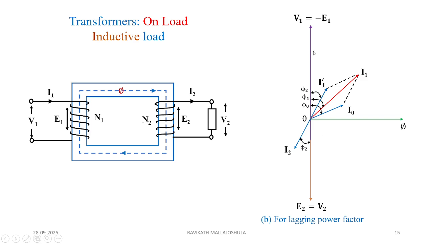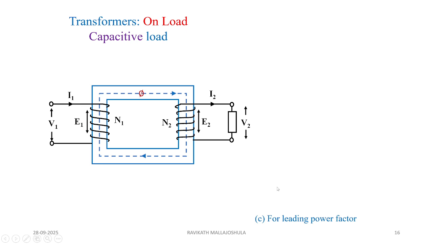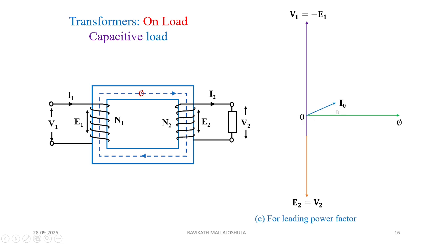So you can see in the resistive load under unity power factor, the I2 direction and V2 direction are on the same line, whereas in the inductive load, the I2 is shifted by phi 2 with respect to V2. Now what happens for the capacitive load? For the capacitive load, same, we are taking the x and y directions like this, and I0 we know that it's a no load current, and I2 is at angle phi 2, which is leading the voltage V2.